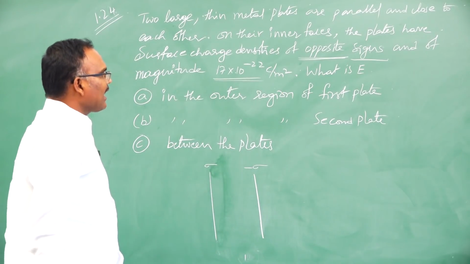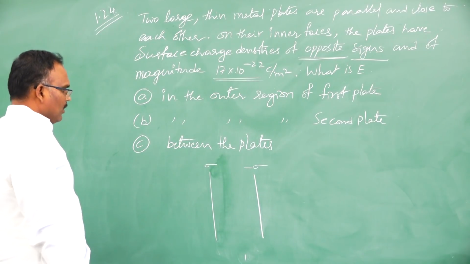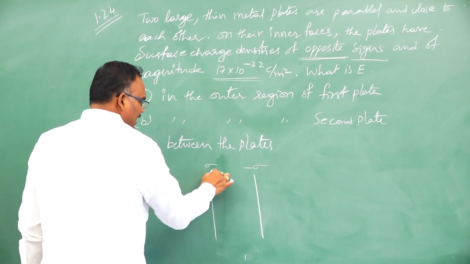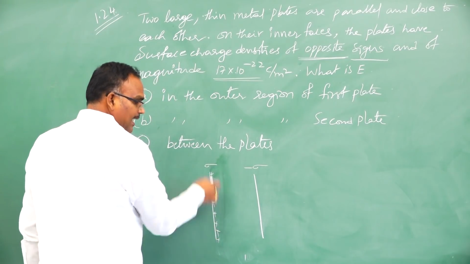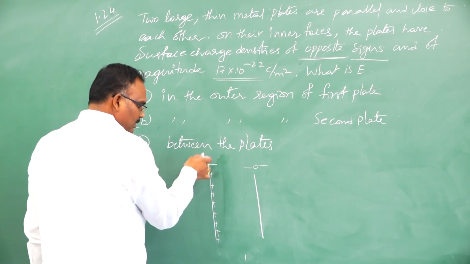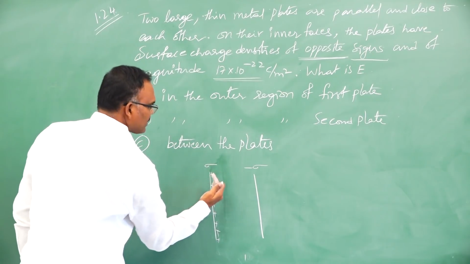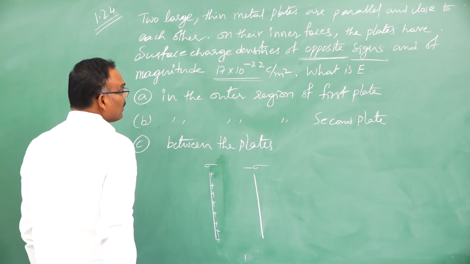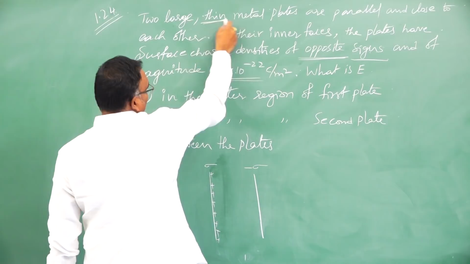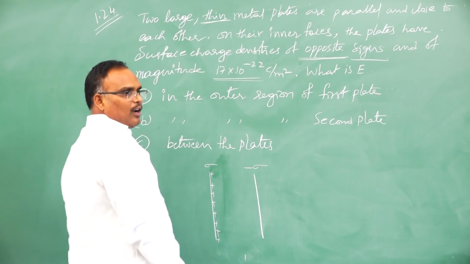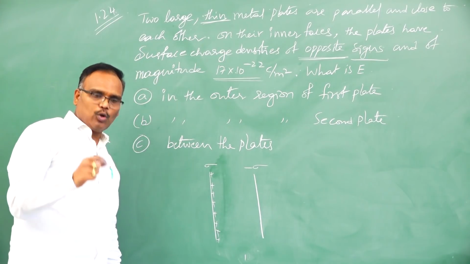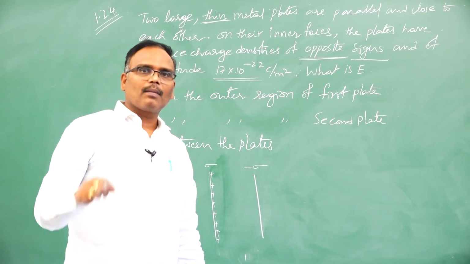Now I need to calculate electric field. This is positive charge density, means here charge is positive. See, this is not a linear conductor, don't misunderstand this. This is a plate, that too thin plate, thin metal plate. That means electric field produced by a thin plate is uniform electric field.